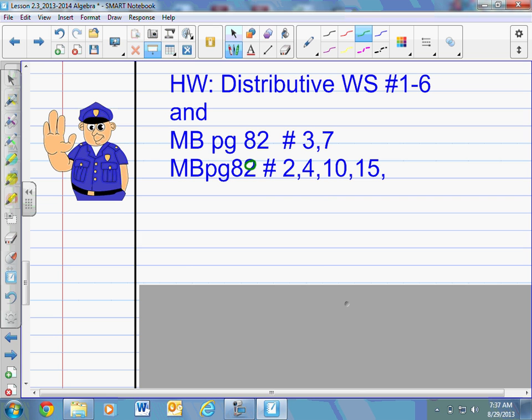So this one right here is 88, so math book page 88, problems 2, 4, 10, 15. So again, this is page 88 for these problems right here, okay? Do not get confused. There was a mistake right there with the 2. Okay, the guest teacher can pause right now momentarily if you need more time to copy the assignment, and then I'm going to explain how you can access this video.